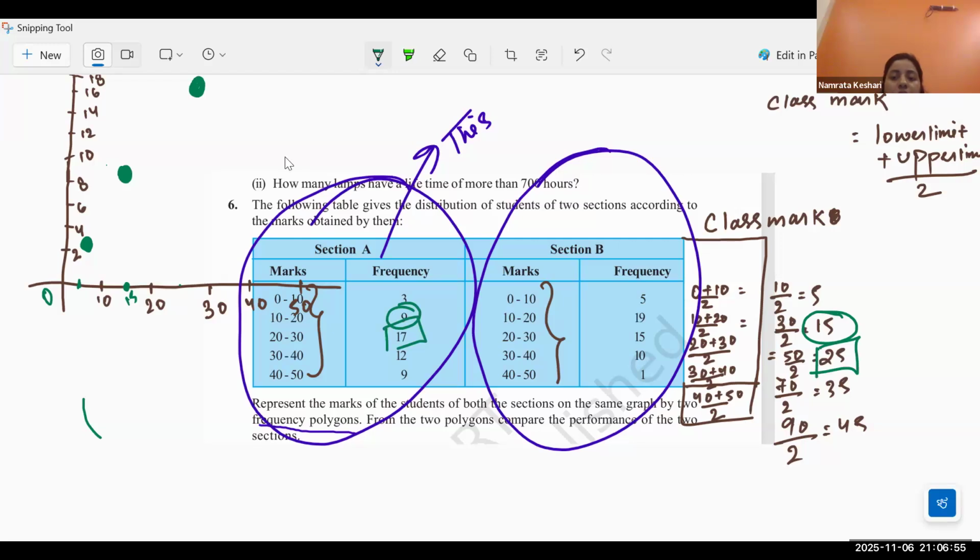Next one is 35, that is the class mark, and 12 is the frequency, somewhere here. You have to take the help of a ruler, scale, and pencil. You have to take the gaps properly, and only then draw it. And the next one is 45 comma 9.